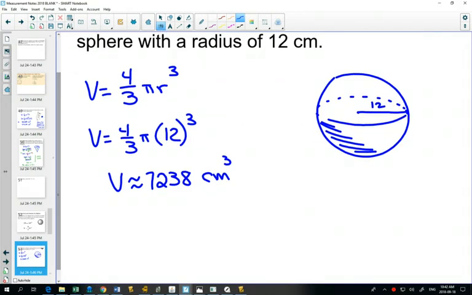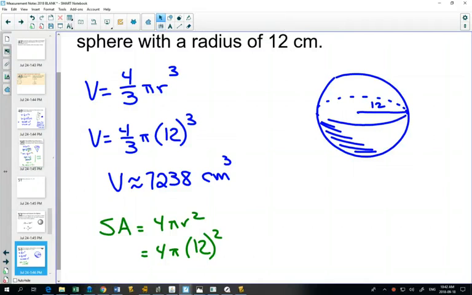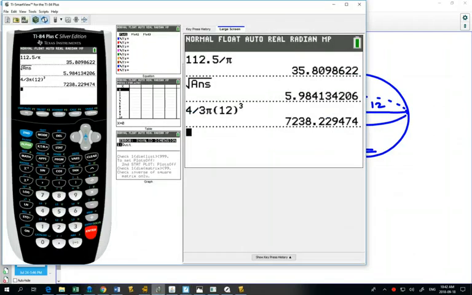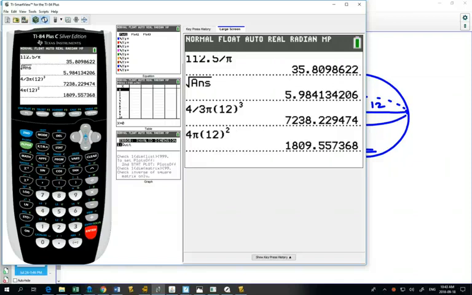Our surface area formula is 4 pi r squared. Again, we can put our radius in there, go to our calculator, type this in all at once. 4 pi, radius is 12, squared. Now, right now, I'm typing things all the way through exactly as they are.